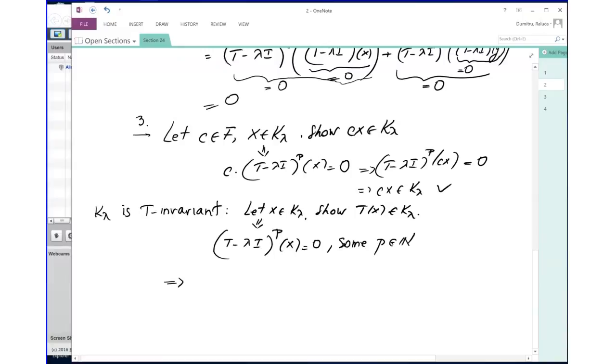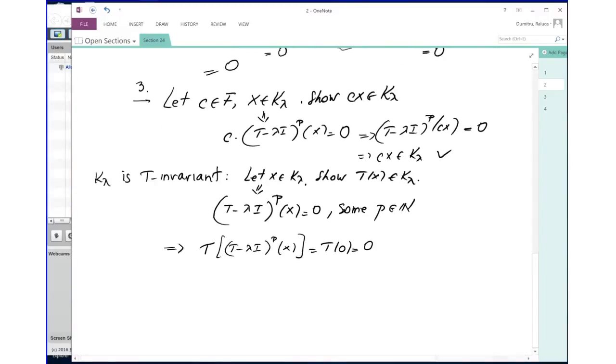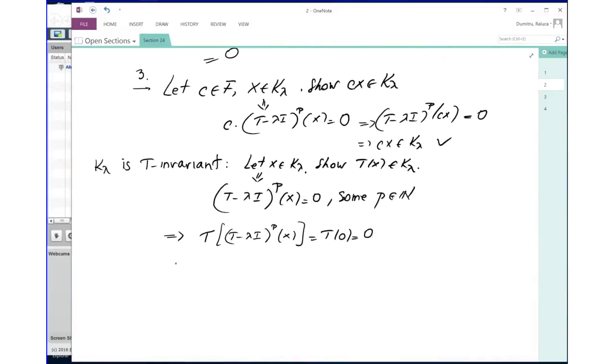So what I'm going to do is to apply T to both sides. The right side would still give us 0. But here's what happens on the left side.